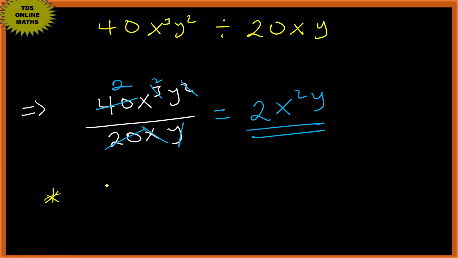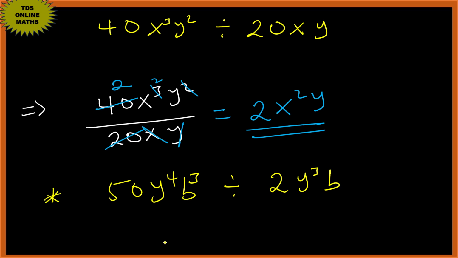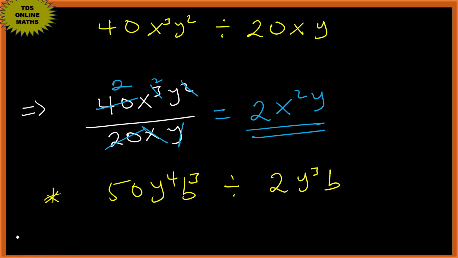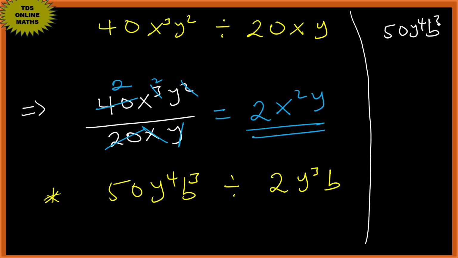Go ahead and solve this: 50y to the power 4 b to the power 3 divided by 2y to the power 3 b. So how do you solve this? Same thing, just write 50y to the power 4 b to the power 3 on 2y to the power 3 b.